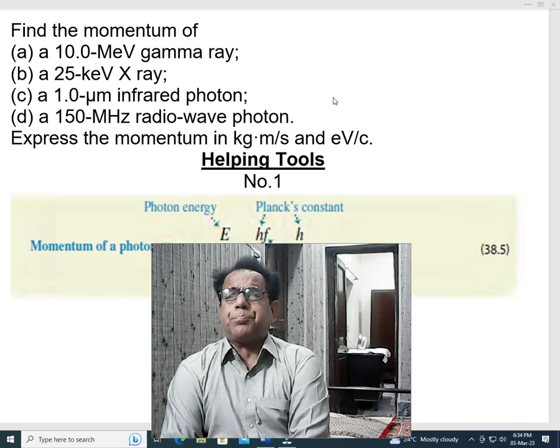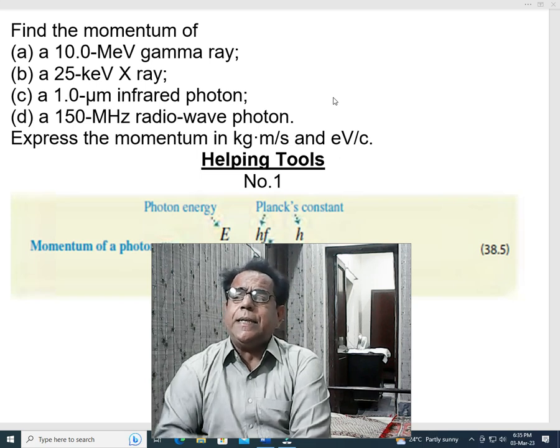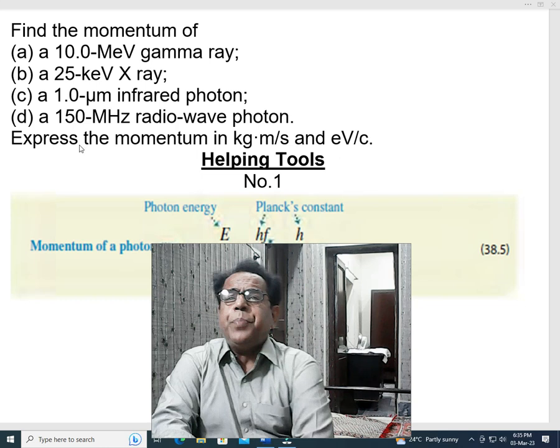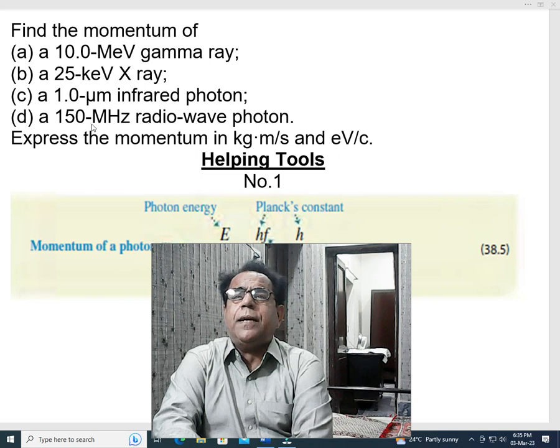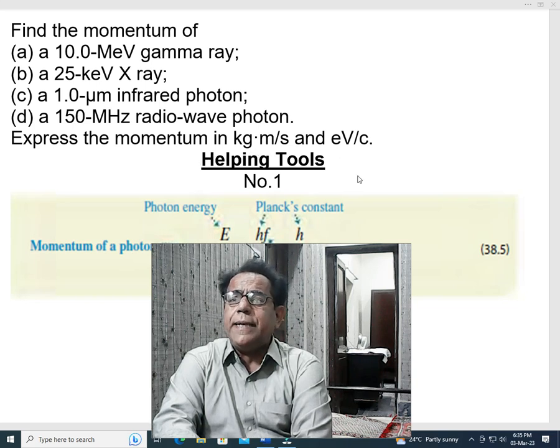Dear students, this mu is the symbol for micro. In place of this, if n is written, then it means nano. Anyhow, a 150 megahertz or million hertz radio wave photon. Express the momentum in kilogram meter per second and electron volt per c, that is speed of light.